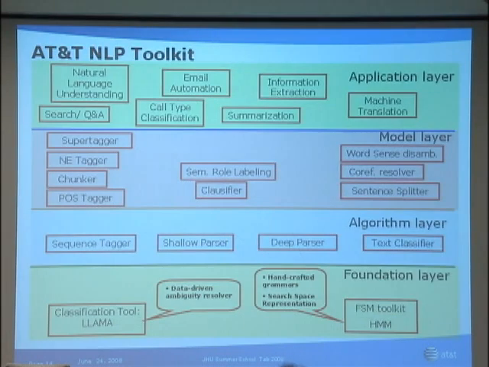So what we have at AT&T is a toolkit for natural language processing, which encodes some of these things that we talked about. At the foundation layer, we have the classification tool that Patrick talked about, which is called Llama, and there is a finite state modeling toolkit.